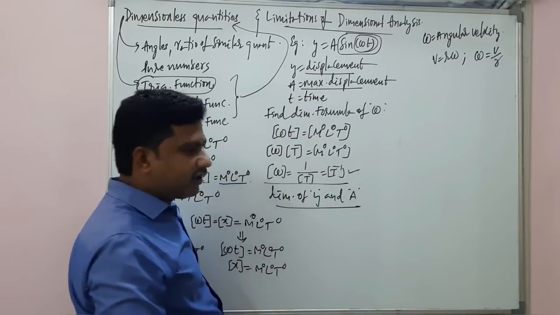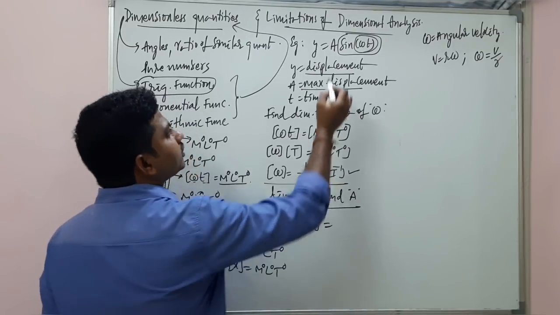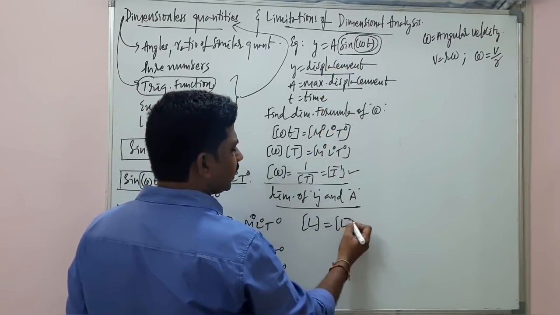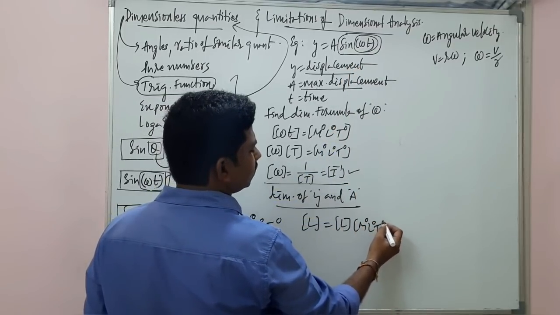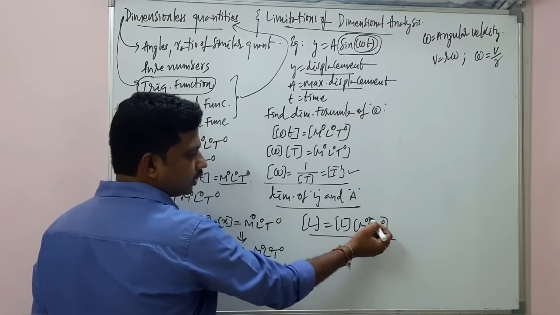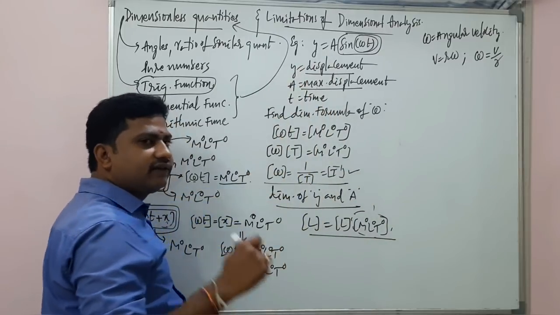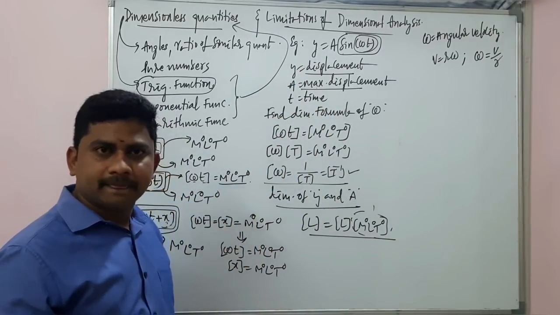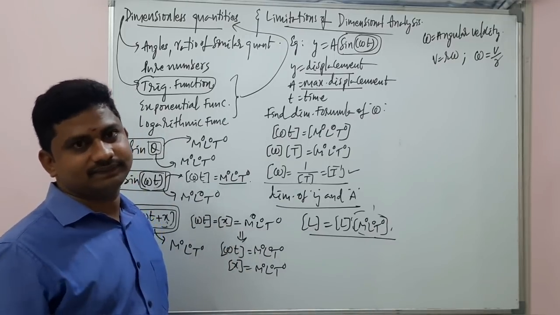Dimensions of y, L, is equal to dimensions of a, L, times dimensions of this, M0 L0 T0, and this is 1. The complete value will be 1 here. So the left hand side and right hand side have the same dimensions. And you can say this equation is dimensionally correct.